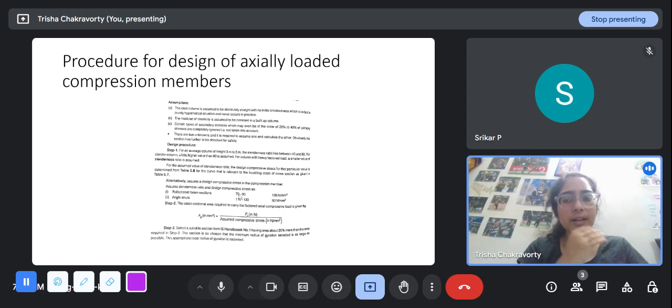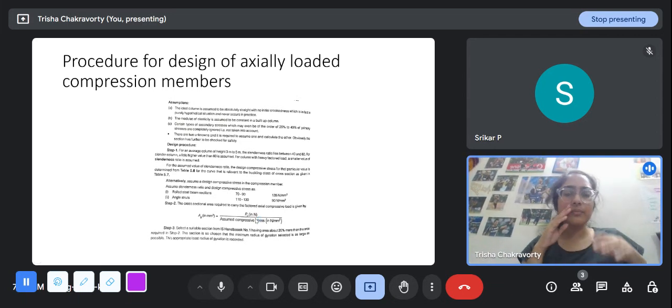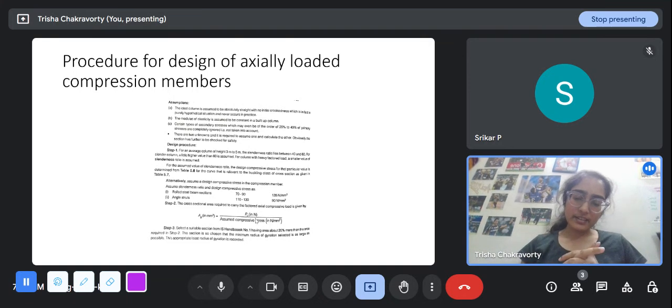Unlike in tension members, where we take the tensile stress equal to the yield stress, here we need a different modified compressive stress which we don't know from the beginning because we don't know the section and we don't know the slenderness ratio. So the procedure is that we assume a slenderness ratio.